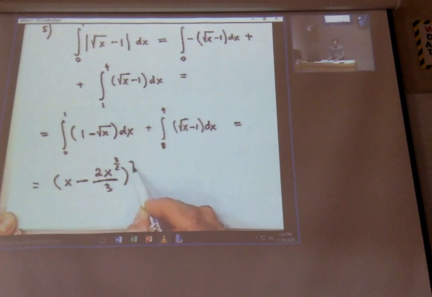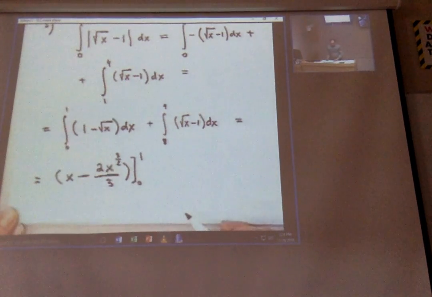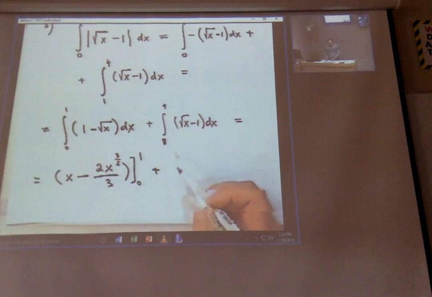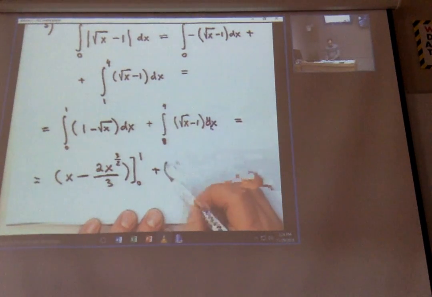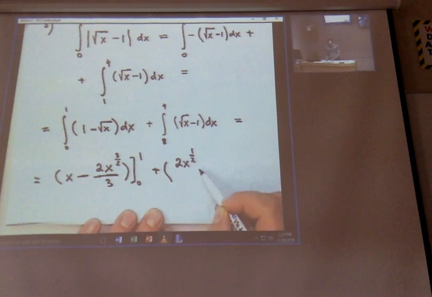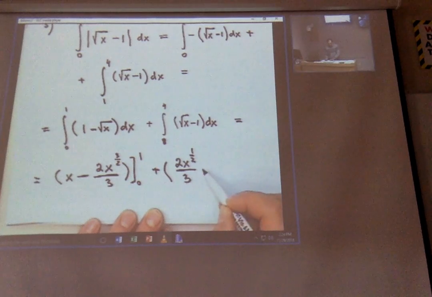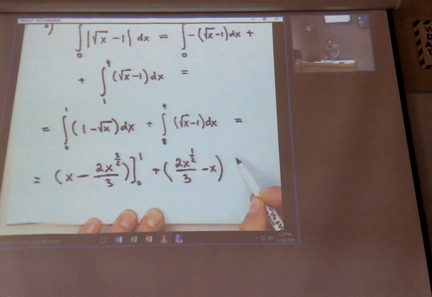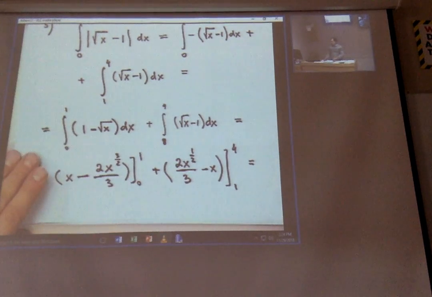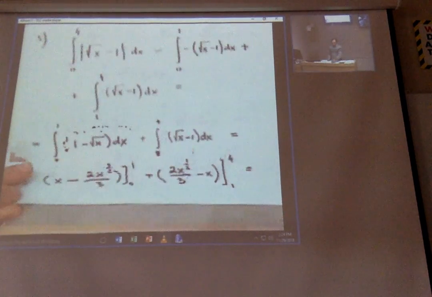And this one is from 0 to 1. And then the next one will be 2x to 3 over 2, over 3, minus x. But this time we have to go from 1 to 4. Little inconvenience here with the second one, but at least.